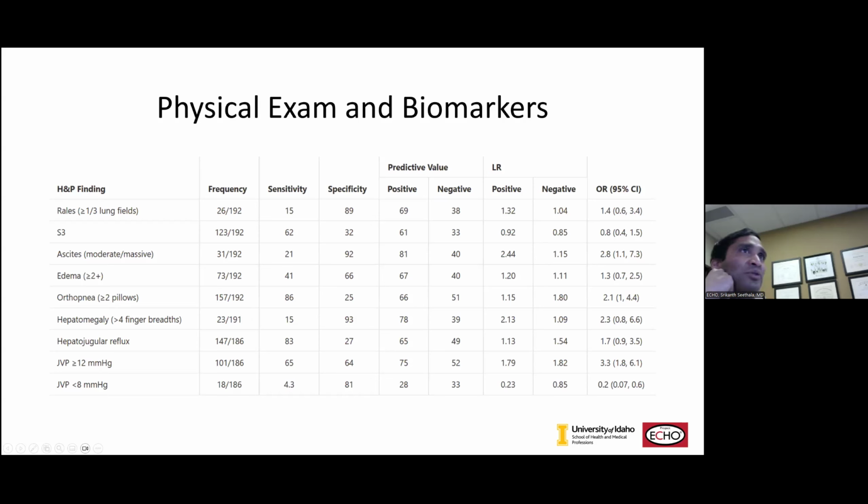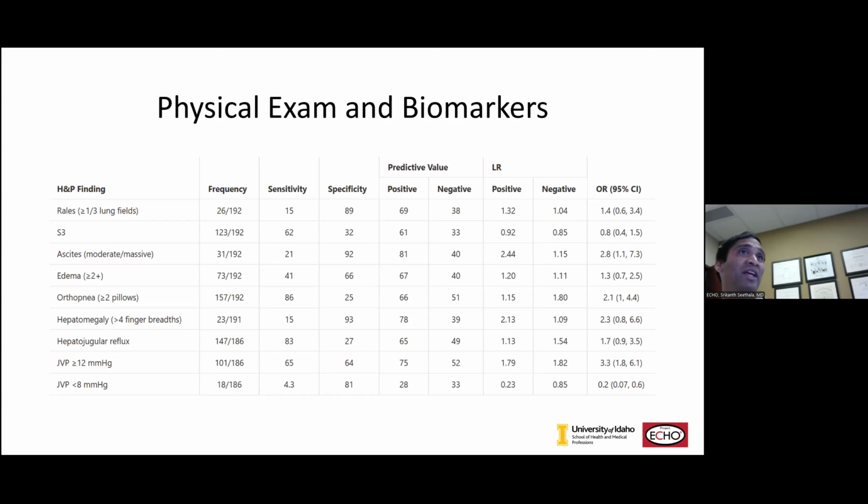So then the next question is physical exam and biomarkers. What is the best physical exam to tell whether the patient is in heart failure or not? They did a study on this to see which physical exam finding is more sensitive and specific. This is the positive predictive value of JVP, around 75%, and hepatomegaly, 78%.